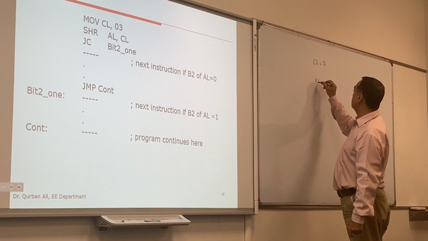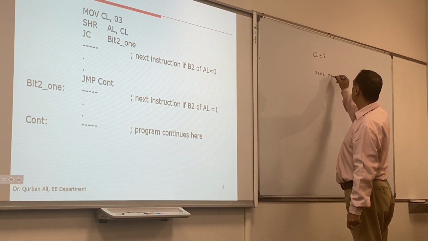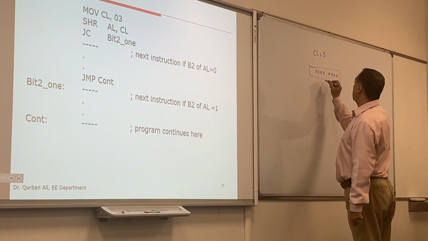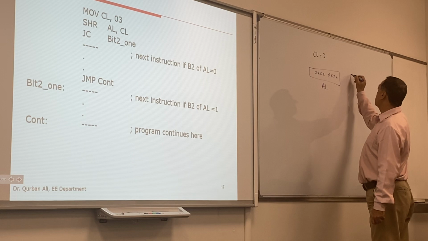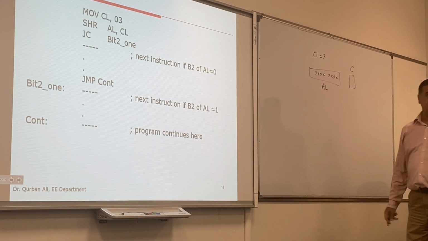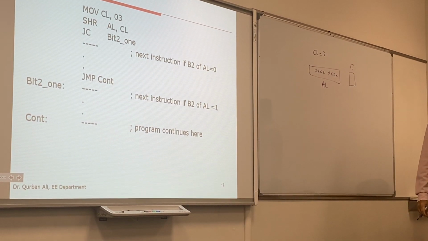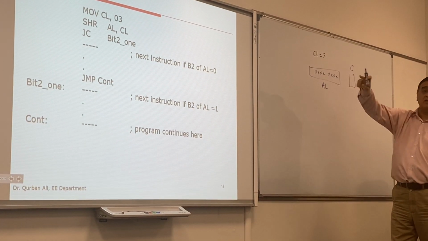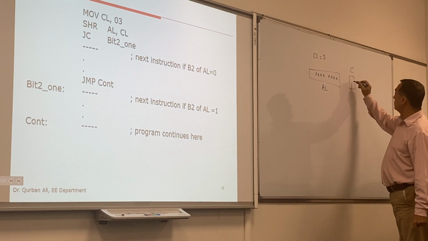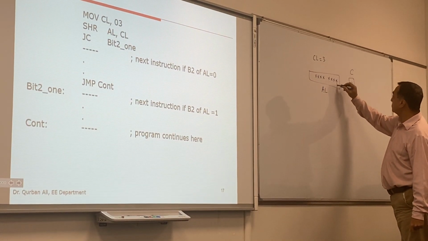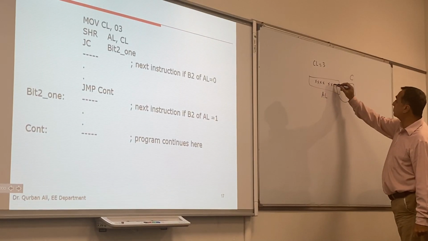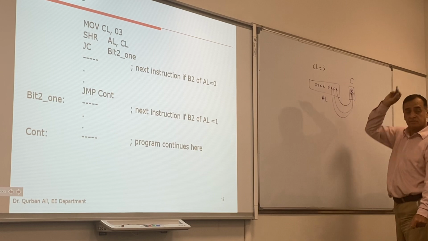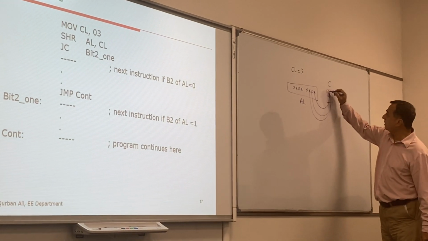So AL is this one, and this is carry. When I'm shifting it, like we learned in the previous lecture, I will be shifting this one 3 times. Whatever is here, this one will come, then this one, then this one, right? Whatever is the final carry.